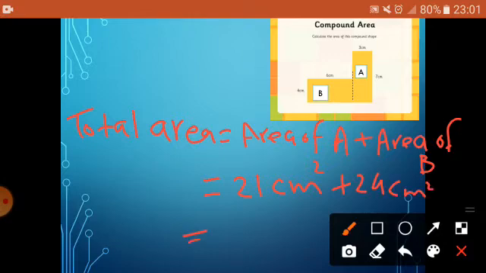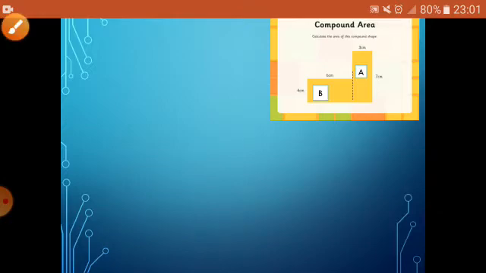What is the total area of this shape? 5 and this 4, 45 square centimeter. So that means total area of this compound shape is 45 square centimeter. I hope you understand the concept of this compound area.